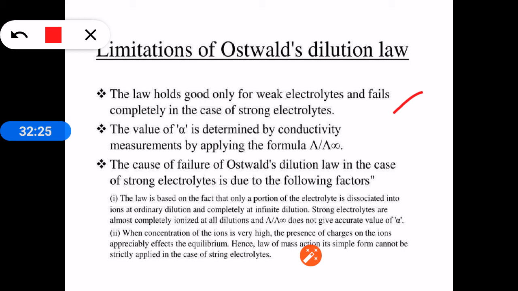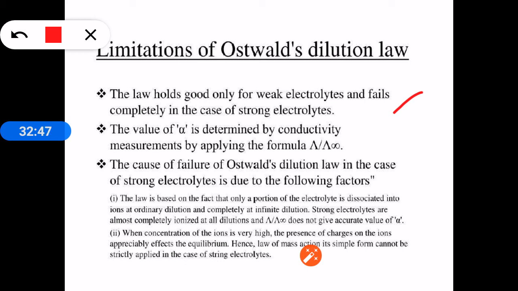But this equilibrium will hold good only for weak electrolytes, whereas in case of strong electrolytes, the molecule will undergo complete ionization to give charged species. So this equilibrium will not exist for strong electrolytes. So we cannot apply Ostwald dilution law for strong electrolytes.